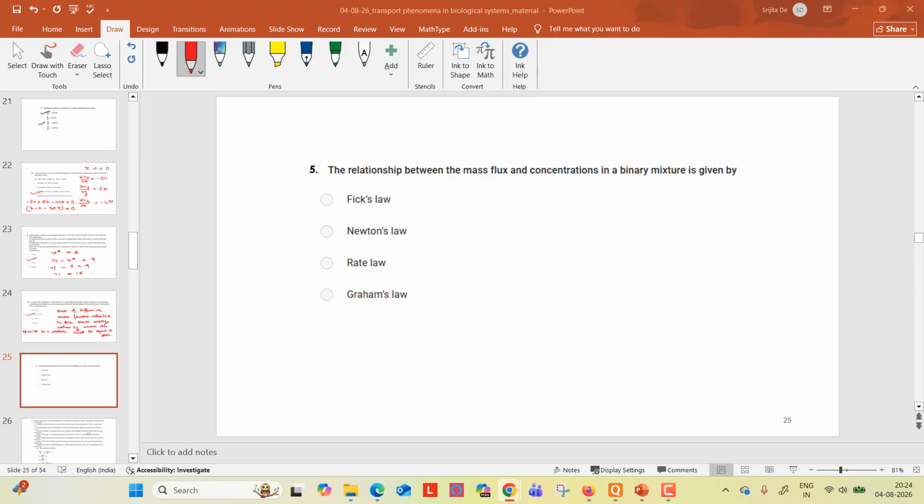As you can know, mass flux is Ni and it is defined by minus D grad C_i, or Ji also you can write it. It is obviously Fick's law. Next.